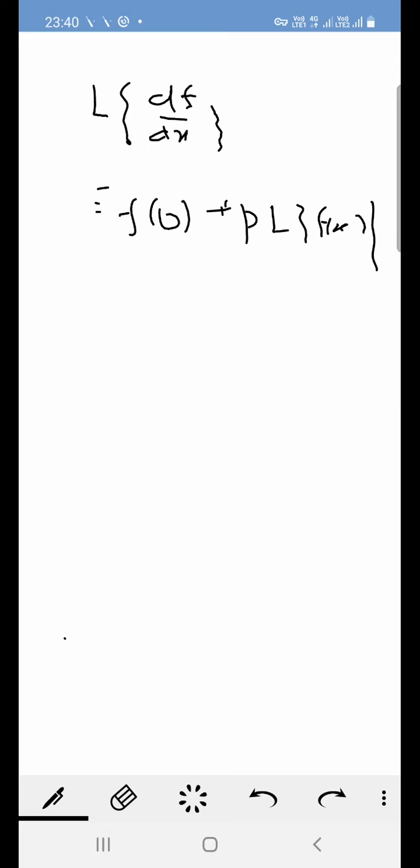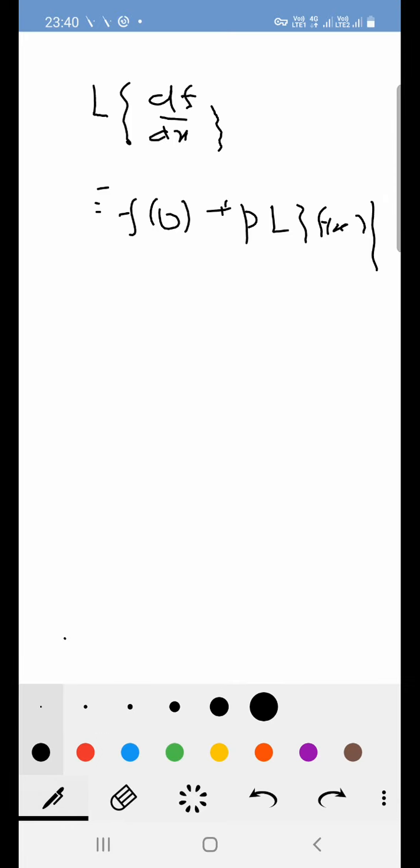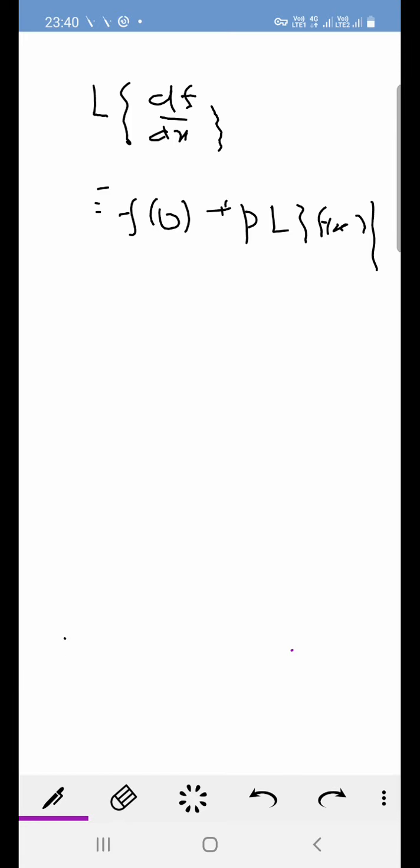Now we have assumed that the limit as x tends to infinity of e to the power minus px f(x) tends to 0.